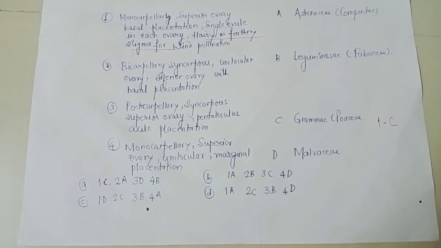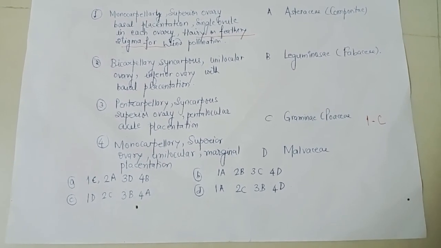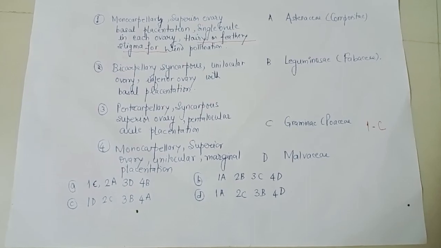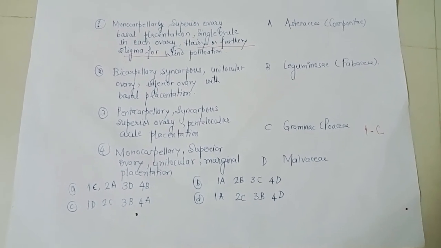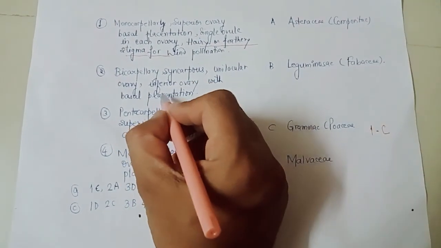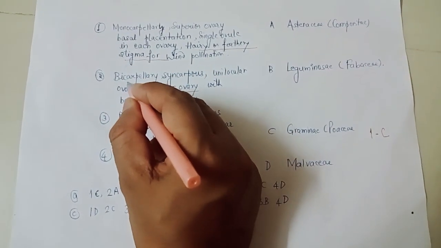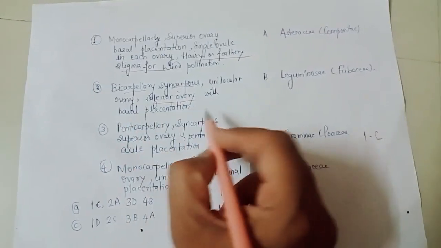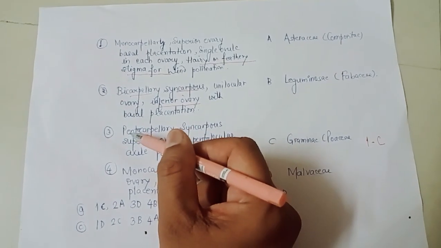Bicarpillary syncarpous unilocular ovary with basal placentation. Now, bicarpillary syncarpous unilocular, single chambered. The most important feature in this case is that this is an inferior ovary, bicarpillary, two carpels, and these are fused. So it is bicarpillary syncarpous, inferior ovary with basal placentation.